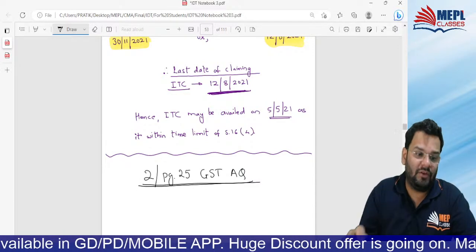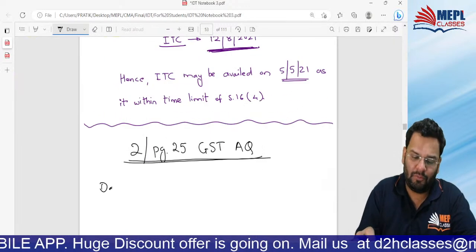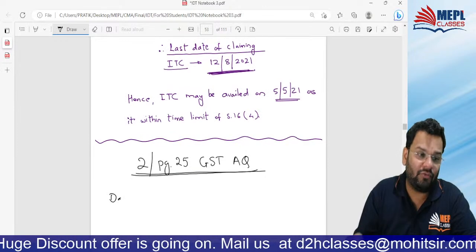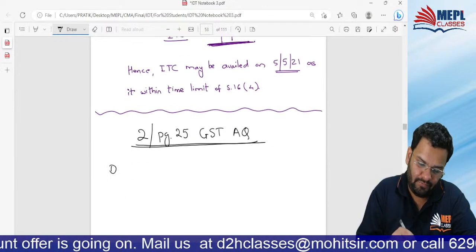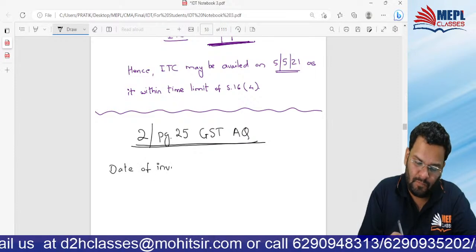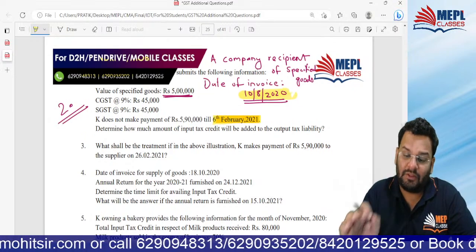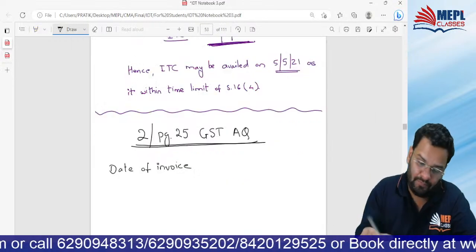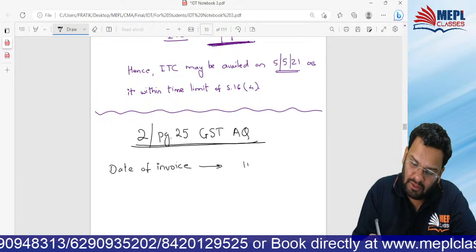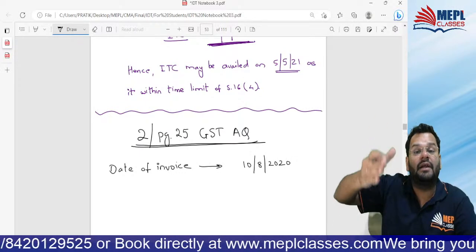What is the date of invoice? If you observe here, the date of invoice is 10th August 2020. From 10th August 2020, you calculate the 181st day.